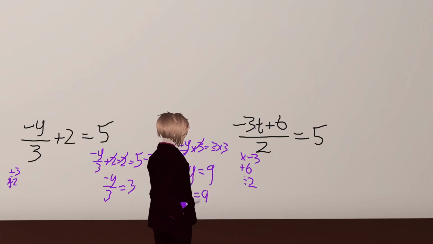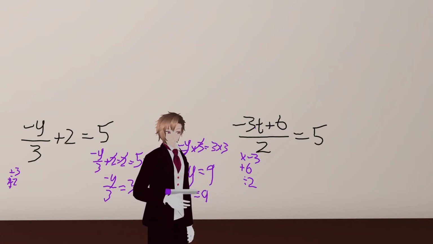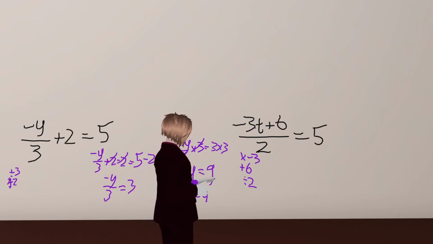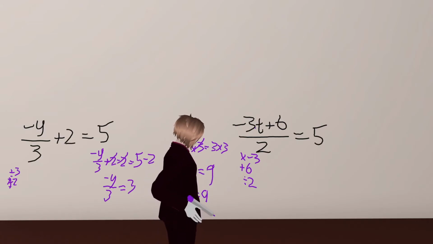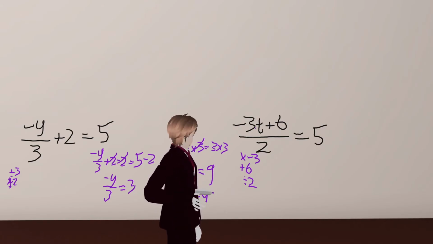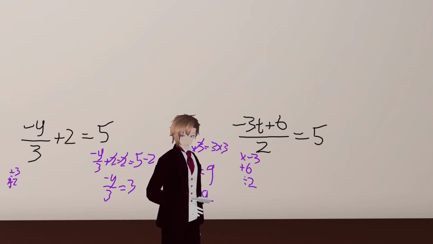So this here is a 3-step problem. So let's go backwards. Instead of dividing by 2, we're going to times by 2. Instead of adding 6, we're going to take away 6. Instead of timesing by negative 3, we're going to be dividing by negative 3.